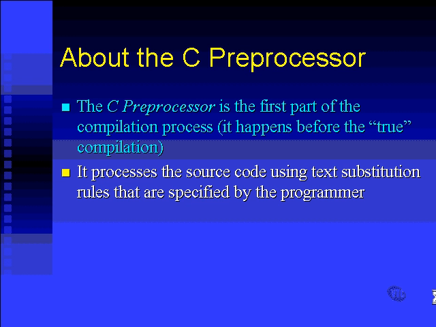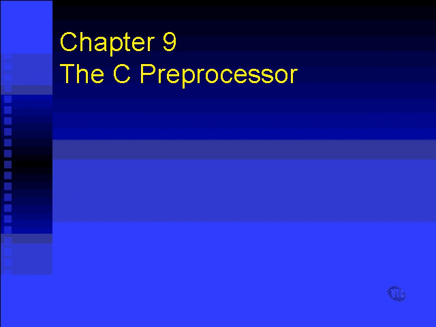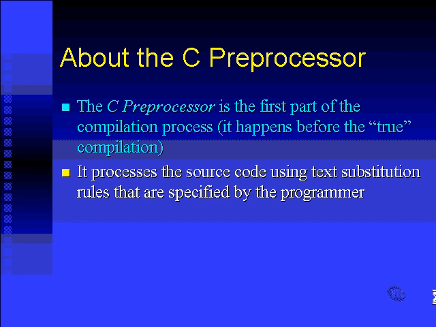And what do I mean by substituting? Well, what I'm talking about is that the word, I don't know, the word cat could be replaced by the word dog. You could substitute the word cat for dog. Now, I don't know why you might want to do that particular substitution, but that's what I mean by text substitution. And once that text substitution has been done, the compiler kicks in and compiles the file, and thus it would be compiling the word dog rather than compiling the word cat.